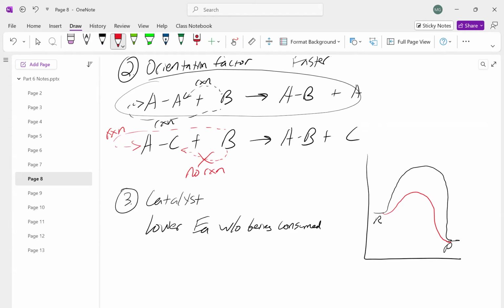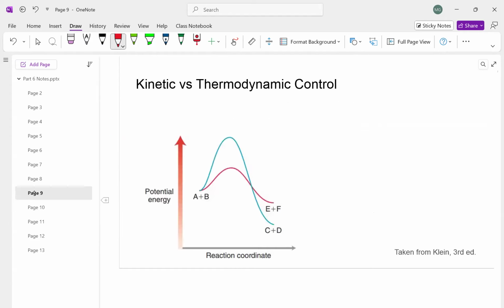Now, one of the cool things that we're going to observe every now and then is if we have a certain set of reactants, let's just say A plus B, under certain conditions those reactants will form one set of products or one product, but change the reaction conditions and you get a different set of products or a different product.